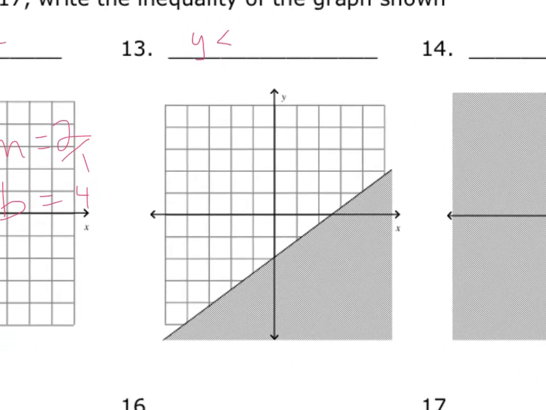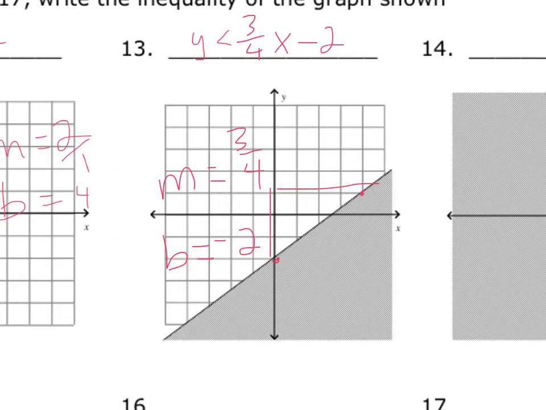So it's not equal to, just less than, and we need our m and b. The b is located at -2, and the next good point I see looks like about right there. So it's up 3 units and over 4. So we have 3/4 x minus 2. Remember, everything has to be in slope-intercept form when we write these.